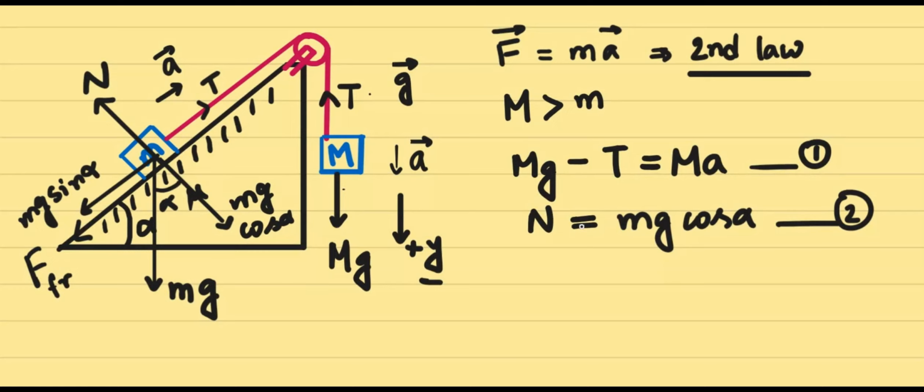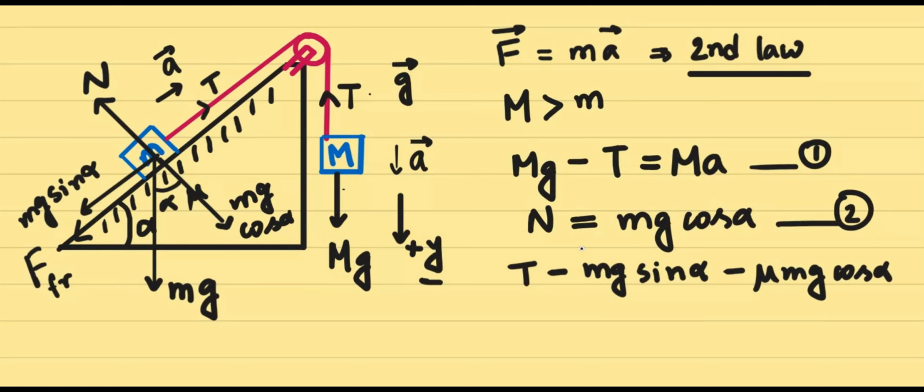So we have T minus mg sine alpha, and for friction we have mu N, so we have minus mu times mg cosine alpha, and that should be equal to small m times a. So this is our equation number 3.